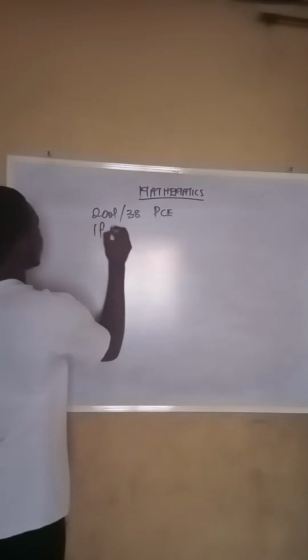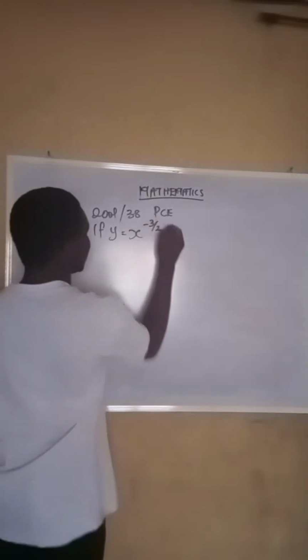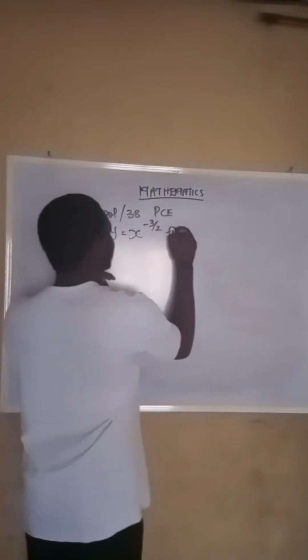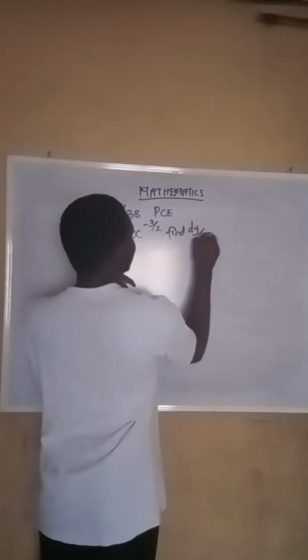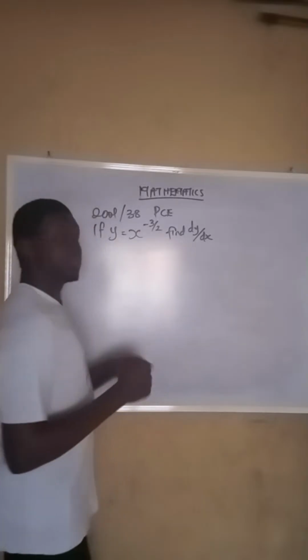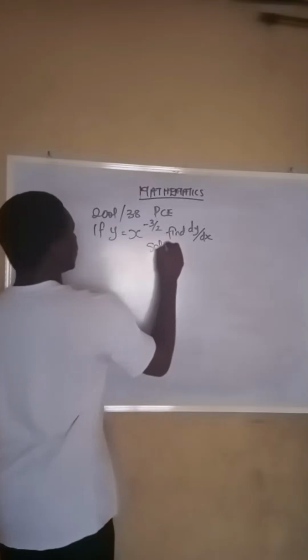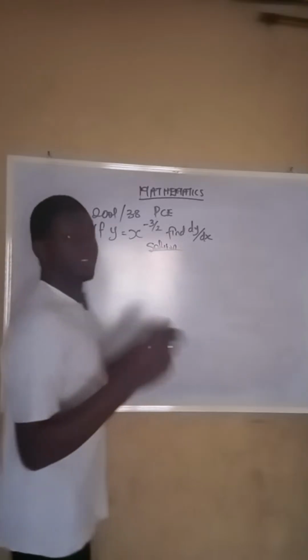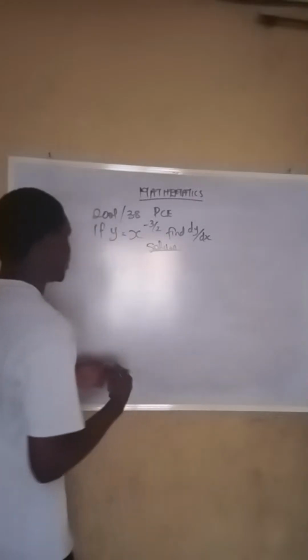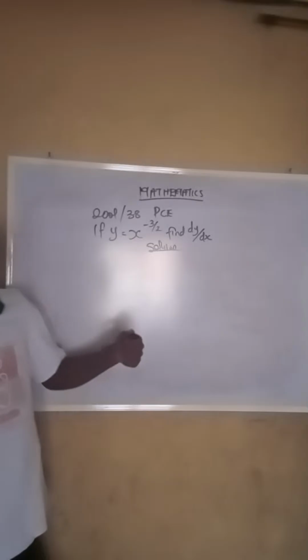The question is, if y is equal to x to the power of negative 3 over 2, find dy over dx. Solution. First of all, like I said, let us read the question first before we know what to do next.